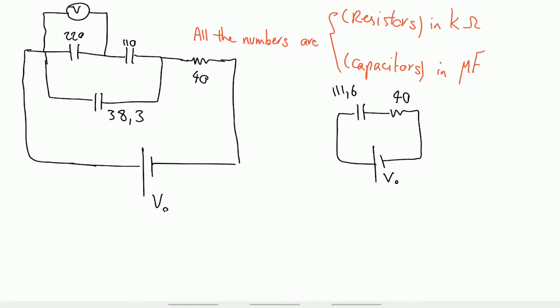In our previous videos we have told you that the voltage change across these 2 points or nodes can be found by the formula V of C equals V0 multiplied by 1 minus e to the power of, right? So now it's the same as before, and we can see that these 2 nodes here are exactly these 2 nodes here. So we know the voltage change across these 2 points.